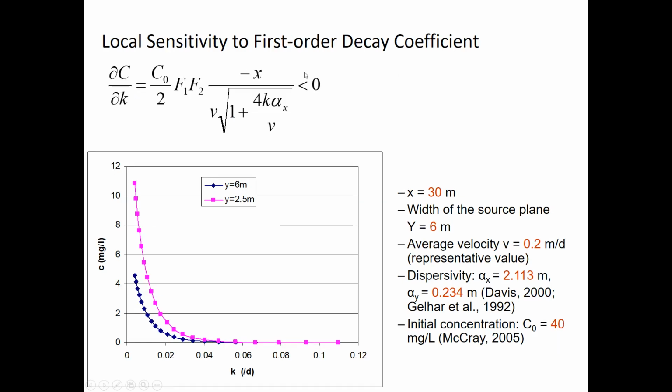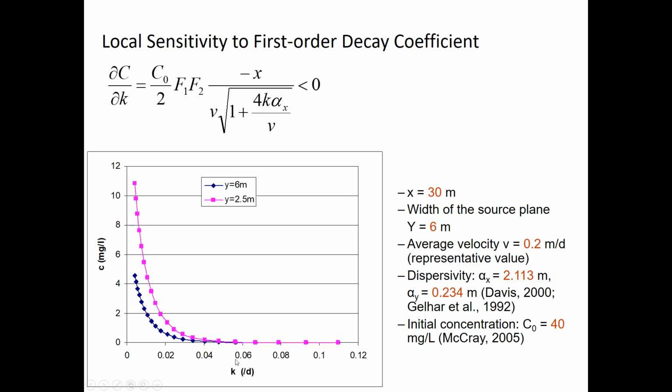And then this is for the decay. Again, we choose x equal to 30, and then y are 2.5 meter and 6 meter. You can see that if you change your k from a really small value, probably 0.008, to say 0.11, you can tell that if you increase the k, your concentration at the 2 points will drop sharply.